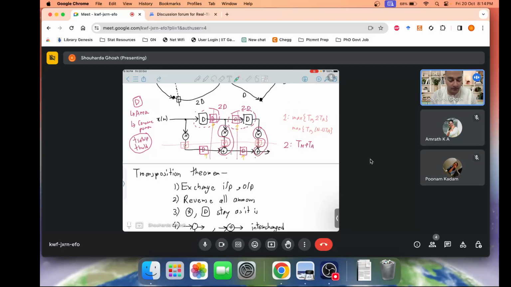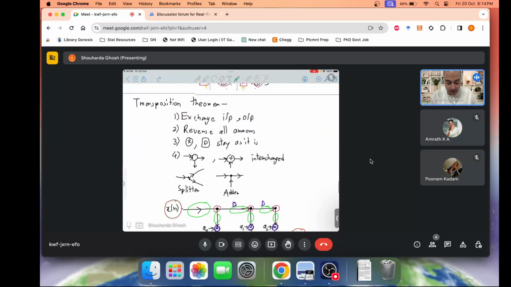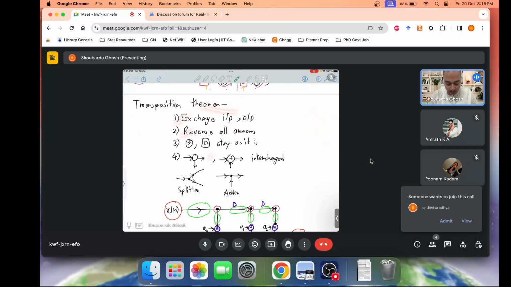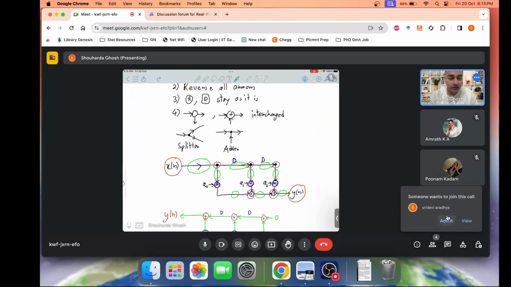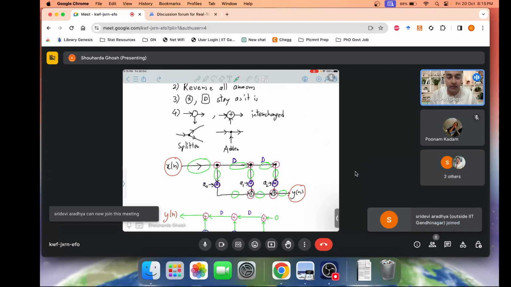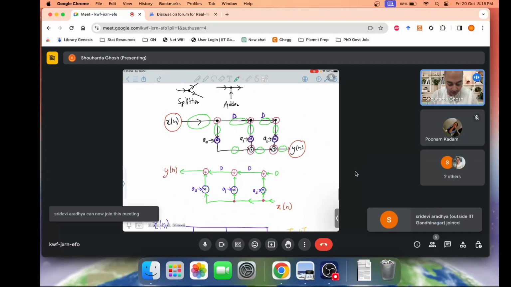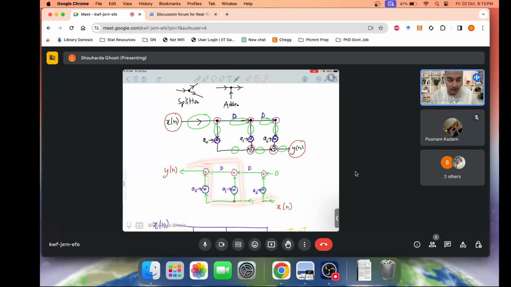So we found out that by critical path feed forward pipelining, we can reduce the critical path delay. Another method was the transposition theorem, where you follow these rules and change the structure of the filter. If you do transposition, the functionality does not change.